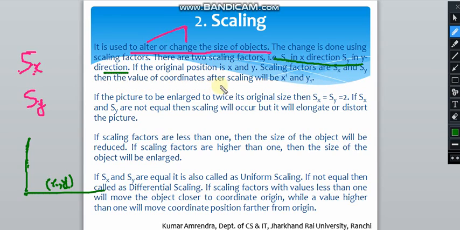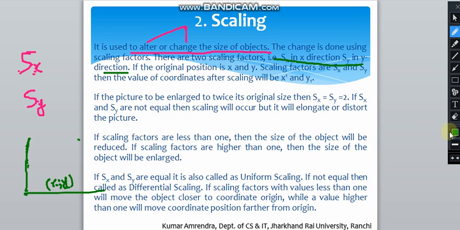Then the value of the coordinates after scaling will be x1, y1. After scaling, it could be here or here, because we are not translating, so we can show this object over here only. When we scale a single point, it will not get enlarged or distort. So in this case we take an object.